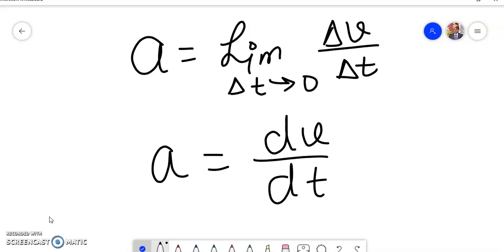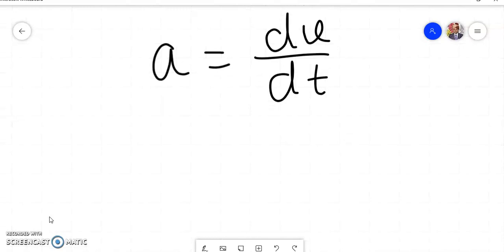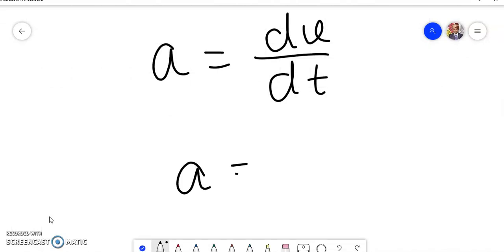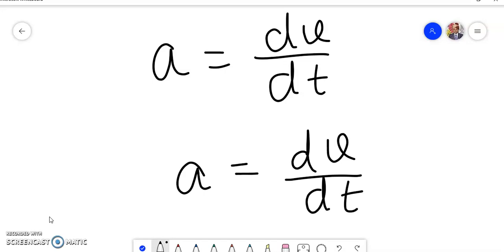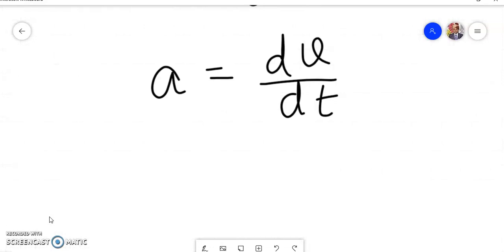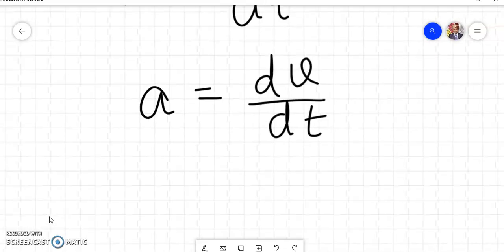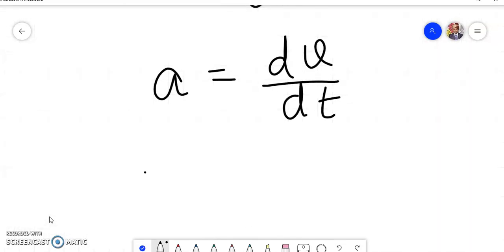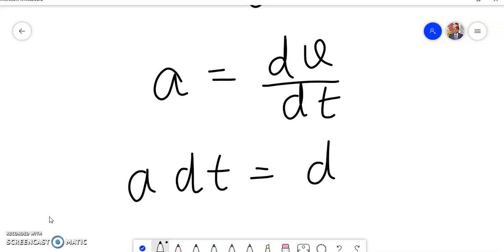Now, as you can see, this expression is a is equal to dv upon dt. We need to solve this equation. To solve this equation, we should take the cross multiplication. That is, a dt will be equal to dv.